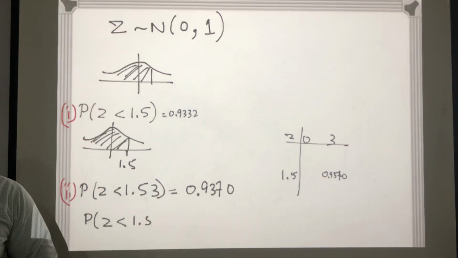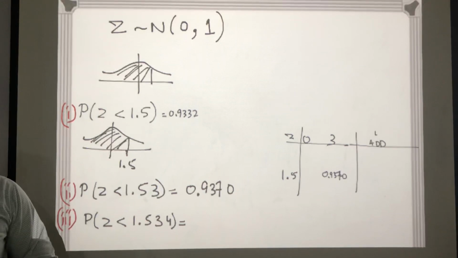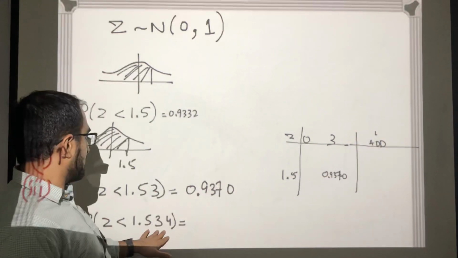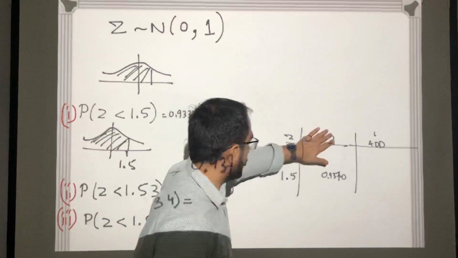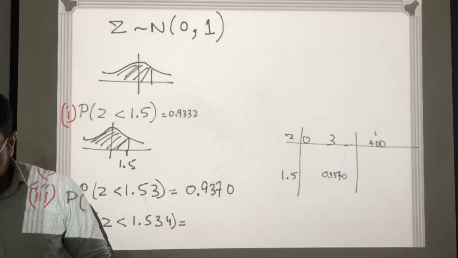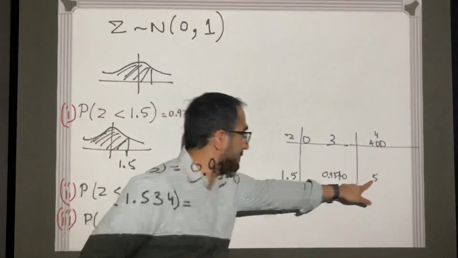So if it is 1.534, now in that case, if you notice one thing in your z table, there is this add and then there's a 4 written. So 1.534 basically means 1.53 in here. This 4 in the add columns has to be added to the last digit. In that you would see a 5 in here.